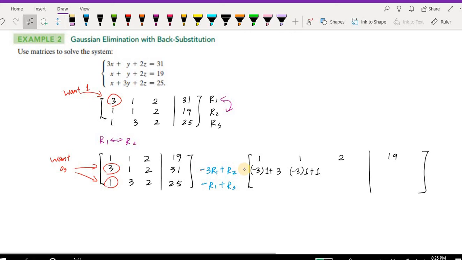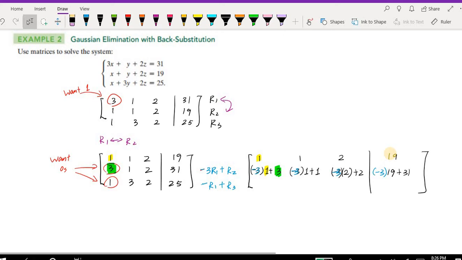Okay, and then we'll do the same thing. -3 multiply row 1, which is 2, and plus row 2, which is 2. Okay, so once we have this, we'll do the same thing for the last one. That will be -3 multiply row 1, which is 19, and plus row 2, which is 31.